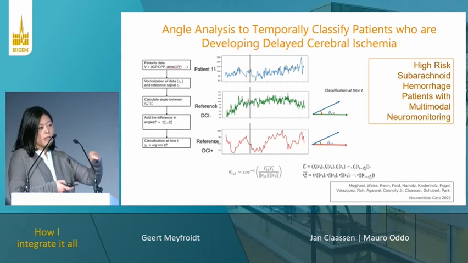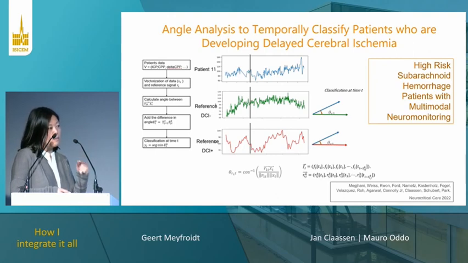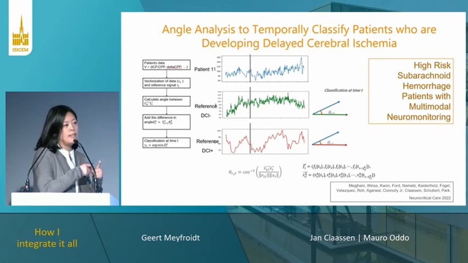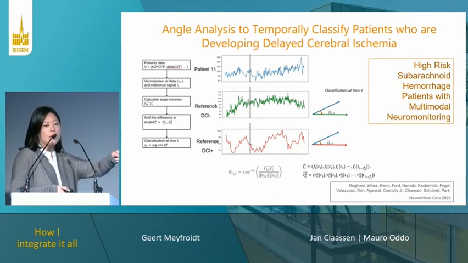If you look at the groups of the red and the green, one group is the vector of all of the patients who ended up having DCI, and the other one is the group of patients who didn't. As a single patient accumulates data minute by minute, and you're integrating all of those streams of data, you can see the angle difference between that patient, the unknown patient not included in those two groups, and the distance of that patient to all of those similar data points of patients who had the outcome or who didn't.